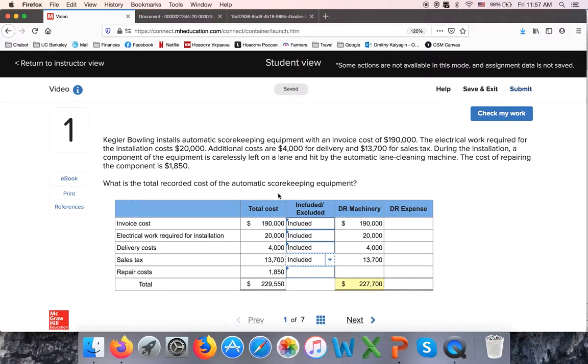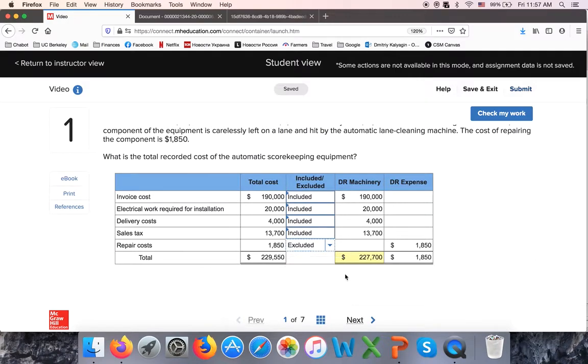So the cost of repairing is not a regular type of cost. So this one I have to exclude, and this one will be debited as a repair expense. So what is the total cost of machinery? Right here, $227,700. That will be my debit. That will be my base for calculating depreciation. Not just the original purchase price, but more components.